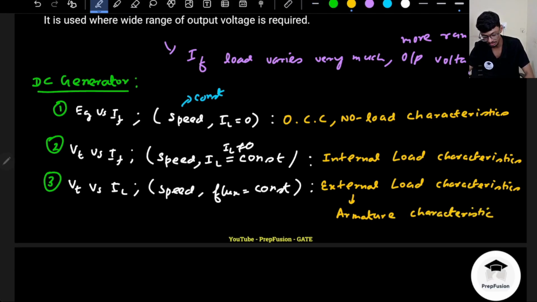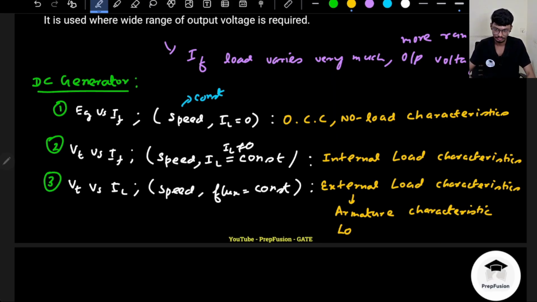Why load regulation? Because it measures how the external voltage varies with respect to change in load, right? So the fourth one actually is the same one only, this Vt versus IL, load regulation characteristics.